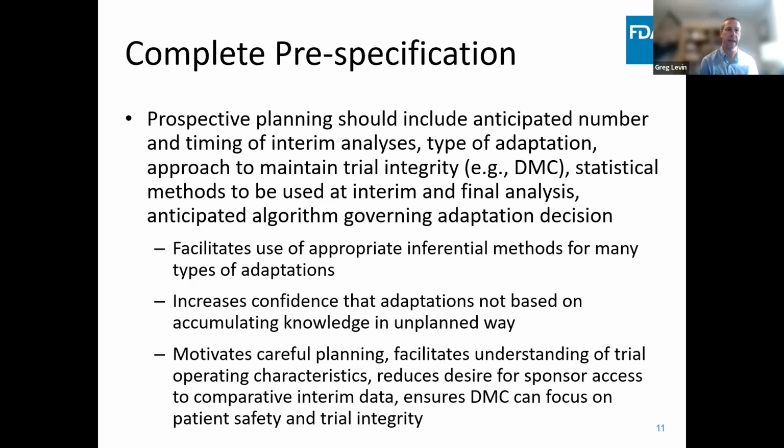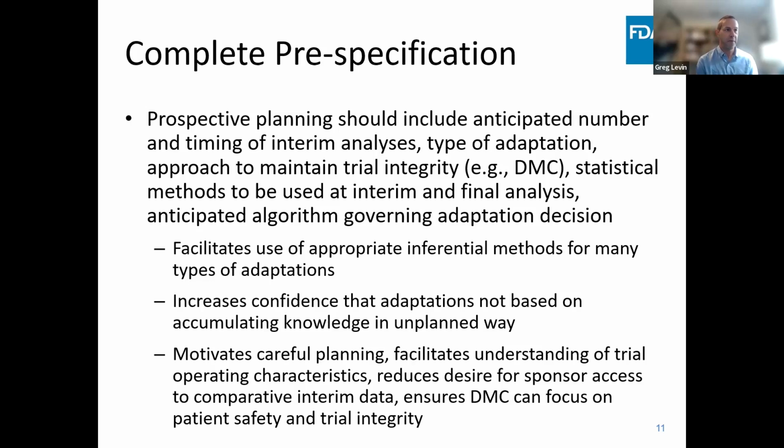The additional elements that would be really important to pre-specify and think carefully through at the planning stage in an adaptive design would include the anticipated number and timing of interim analyses, the type of adaptation, the approach to maintain trial integrity, the statistical methods that will be used at the interim and final analyses, and also the anticipated algorithm that governs the adaptation decision. And this latter one is an element that isn't always adequately pre-specified in an adaptive design.